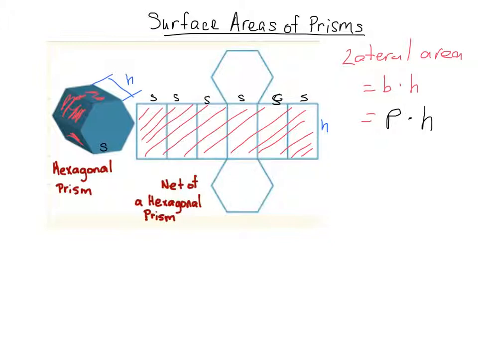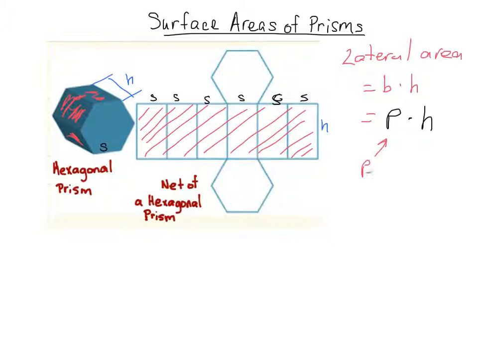So I just made it general, so you can find the lateral area for any hexagonal prism or any prism at all. The lateral area will always be the perimeter, and specifically the perimeter of the polygon, the hexagon, the rectangle, whatever that polygon is.